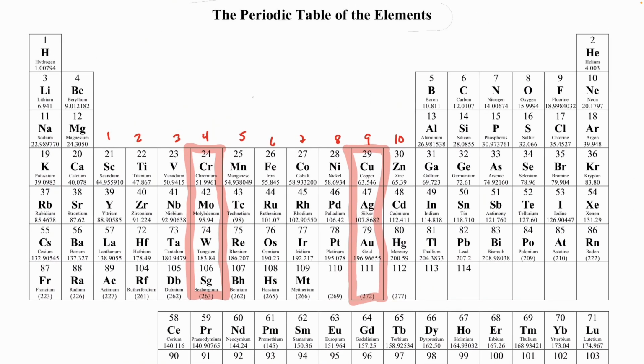So what we would expect, for example, chromium's electron configuration to be would be argon plus 4s2 3d4.